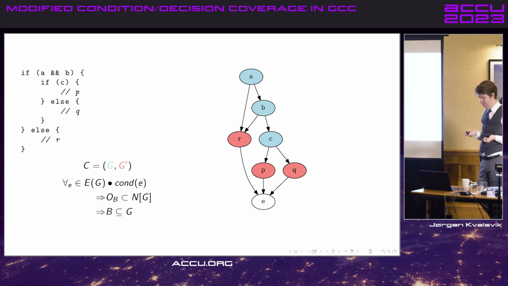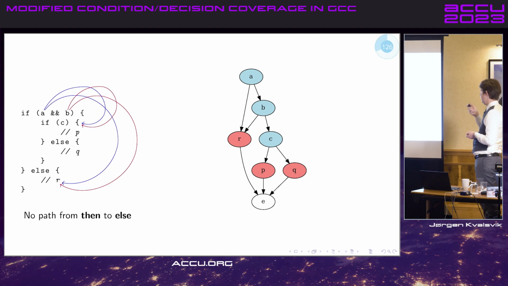And then we have G prime, which is everything immediately adjacent to what is a condition. That is, whatever the condition edges point to, that stops being conditions themselves. Gonna skip some of that.